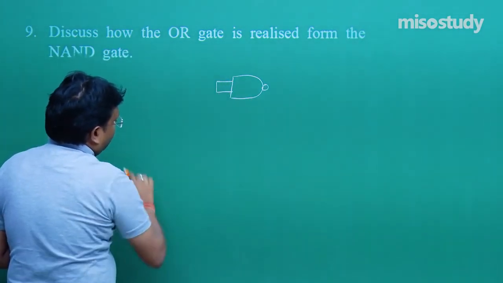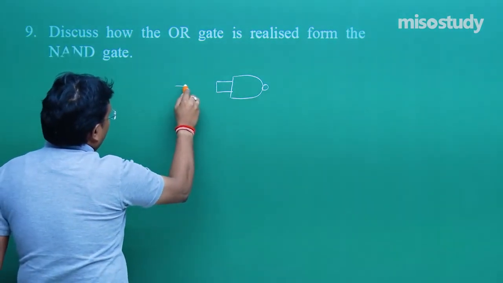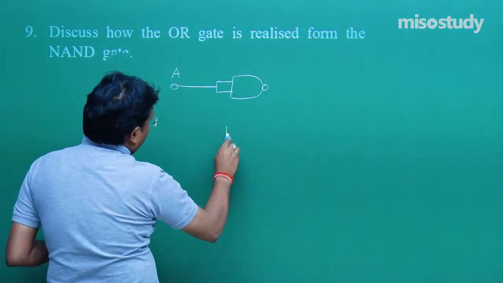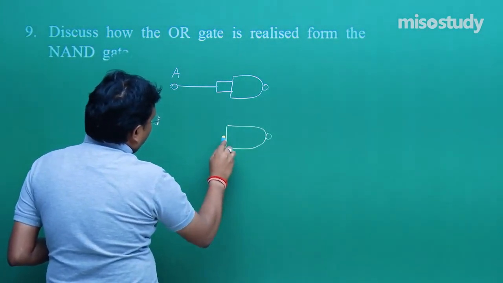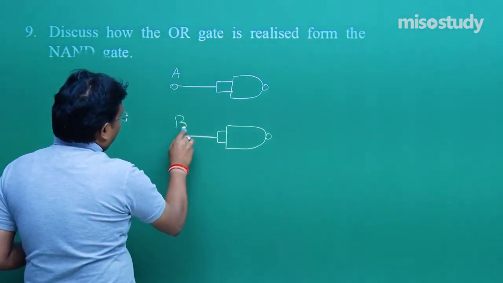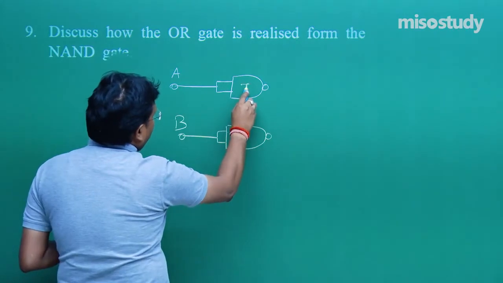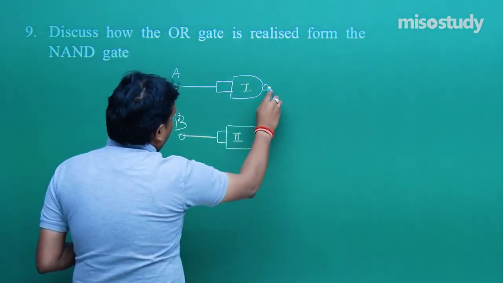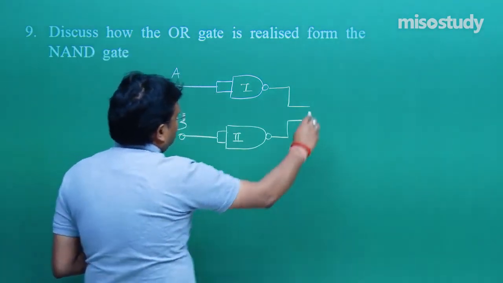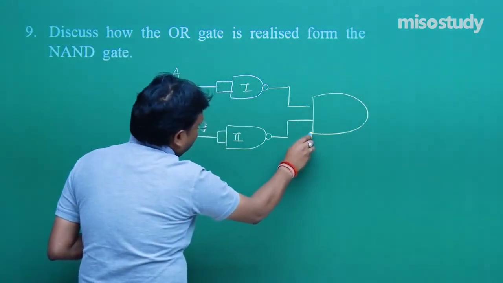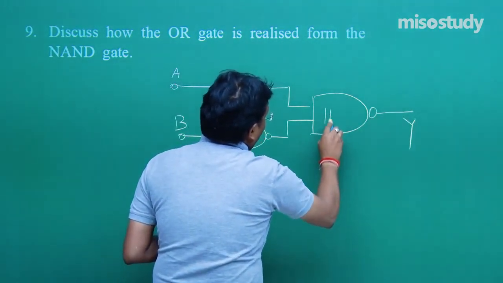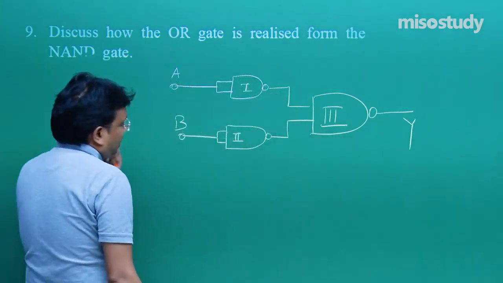Both inputs are tied the same way. That is, for example, A. Similarly, the second one this way, that is B. Now let us say this is 1, this is 2, fine, and the output that you get over here is input to another. So, this is the way of arranging, and then you can get the output.